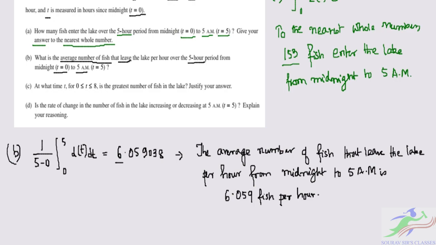So that is the average number of fish we have to find. This is part B.